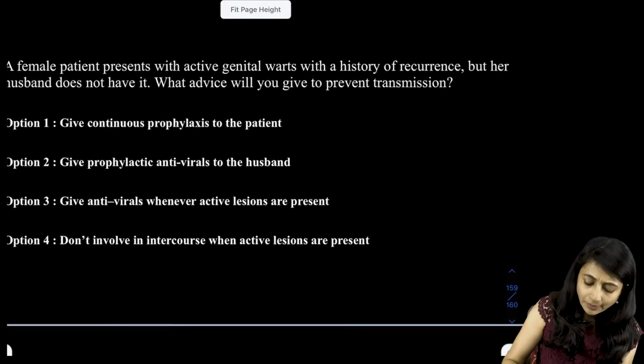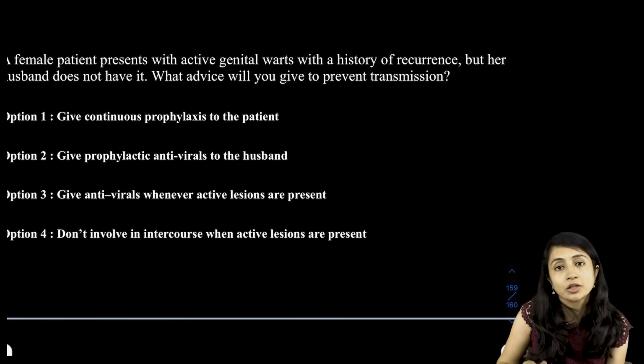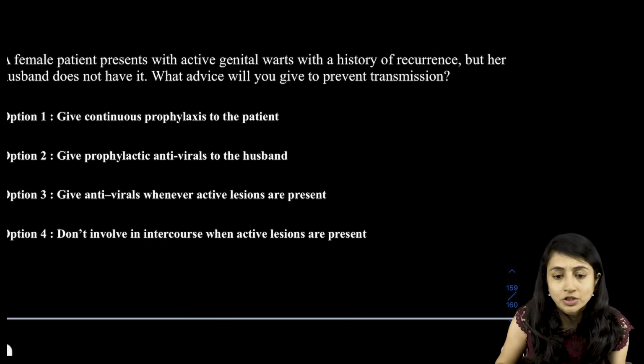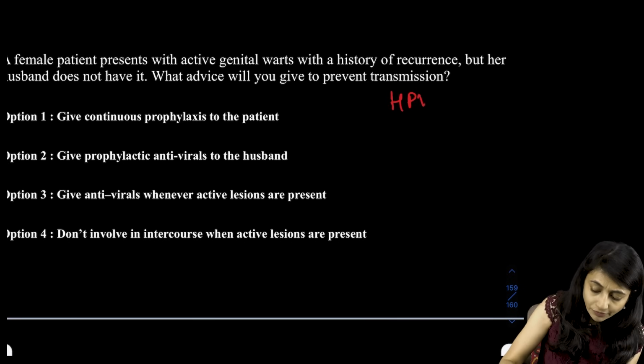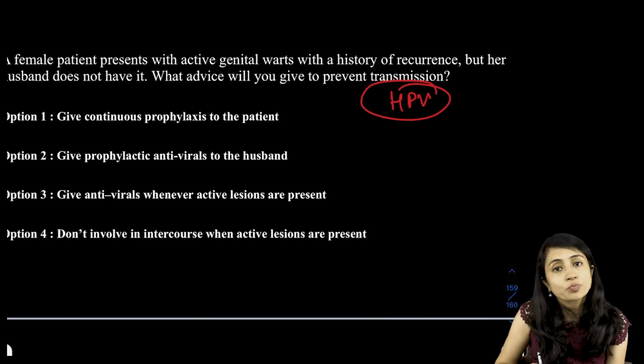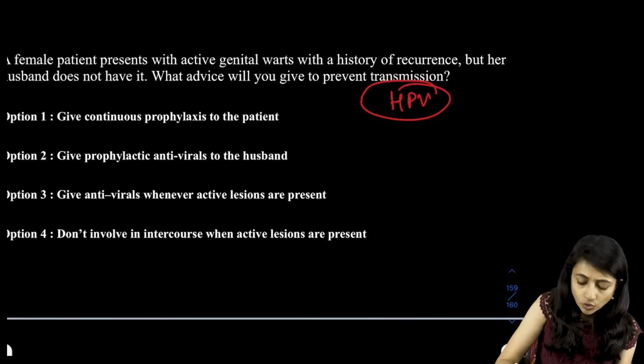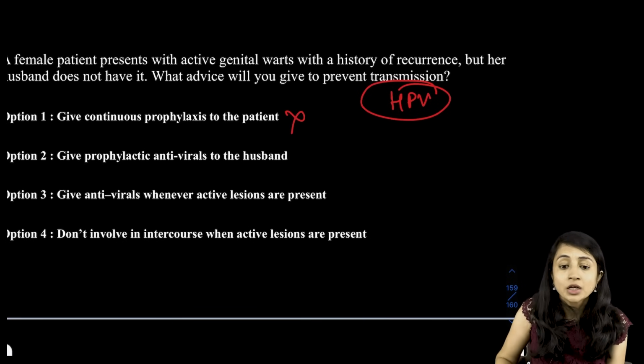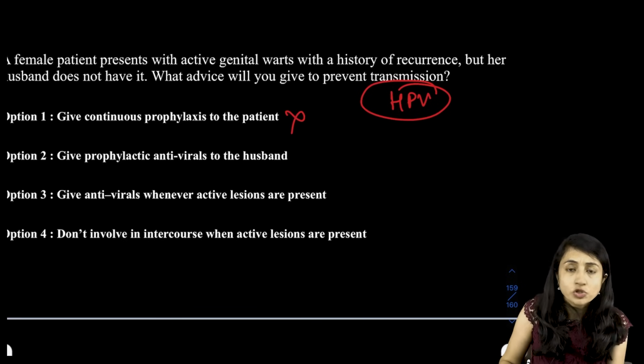Next question: a female patient presents with active genital warts with a history of recurrence, but her husband does not have it. What advice will you give to prevent transmission? For genital warts, which is caused by HPV, give continuous prophylaxis to the patient. No, this is not done for any STD. Give prophylactic antivirals to the husband.